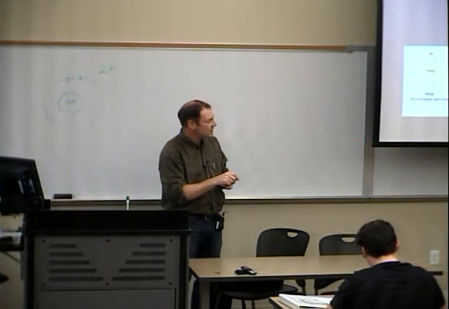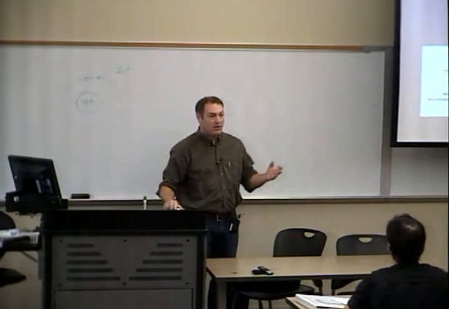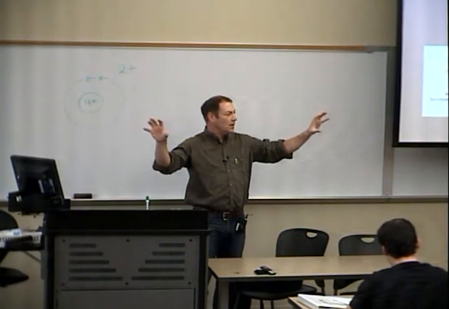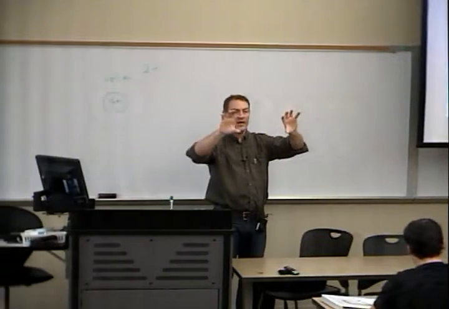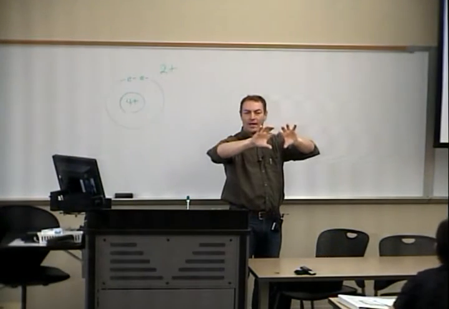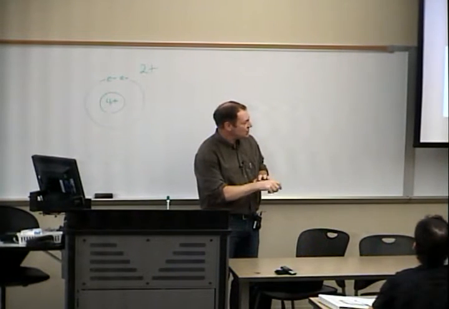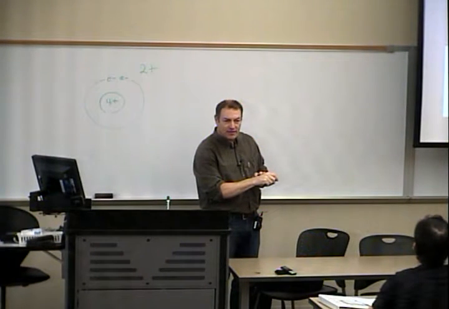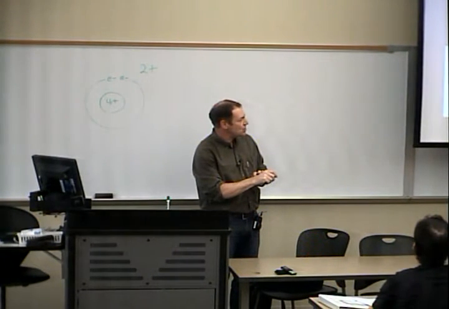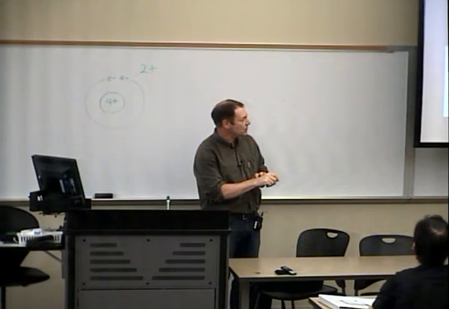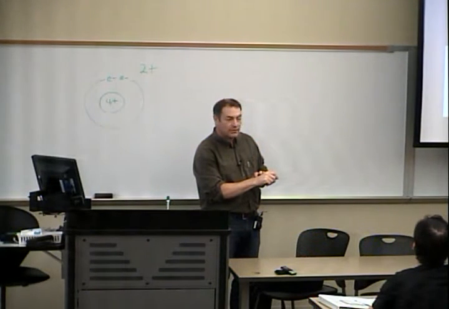It's got 17 protons, 17 electrons, which we can count. Now, when an atom of sodium and chlorine collide or come close to each other, chlorine, being extremely electronegative, exerts an attraction on that lone outer electron. Sodium is not very electronegative. Sodium can barely hold on to that electron, so chlorine takes it.